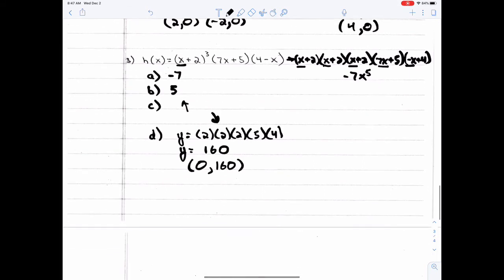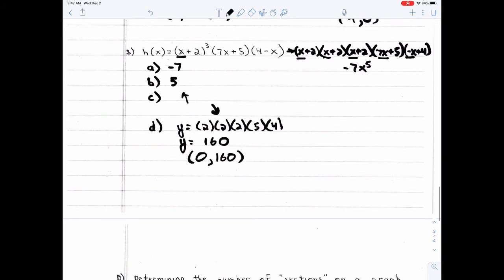Okay? Now for the x-intercept, we just take each of them. So we have negative 2 comma 0. And again, I didn't request it, but just so we understand, this is a multiplicity of 3 because it exists 3 times.